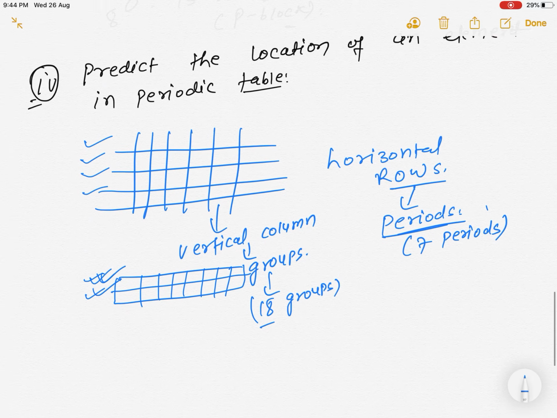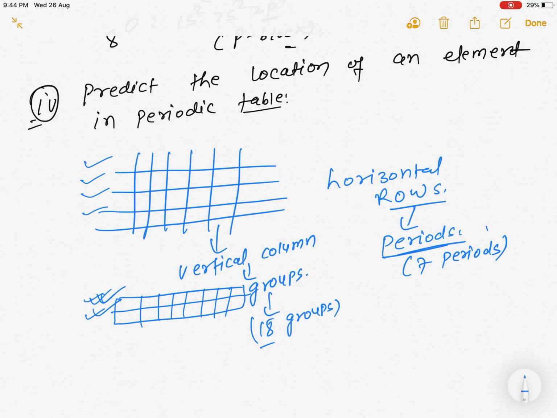Fine. So if you want to locate an element, suppose an element is over here, how can you give the address of this element? If you tell the period number, go to the first, second, third period, and first, second, third group, will we be able to locate the element? Yes, we will.